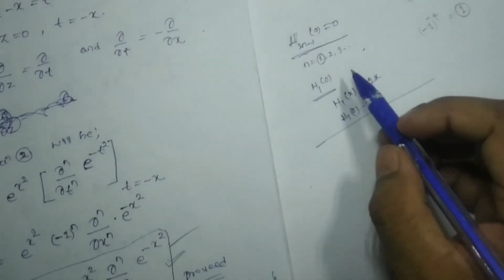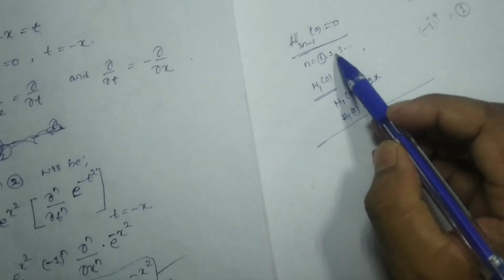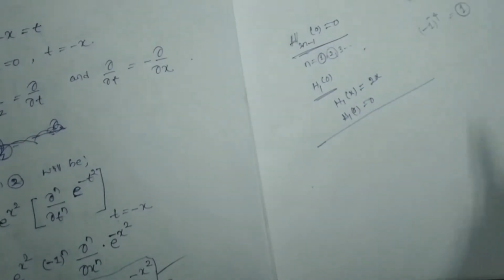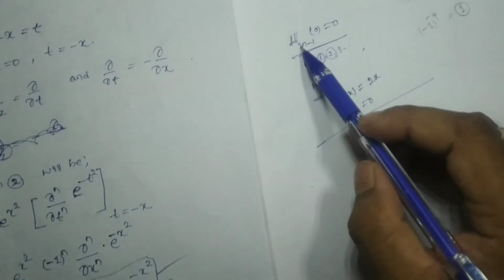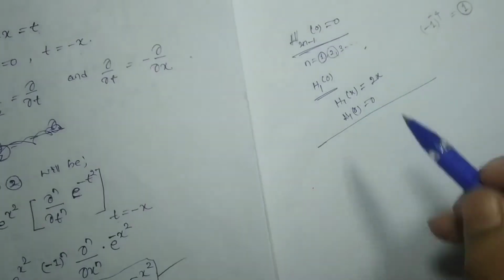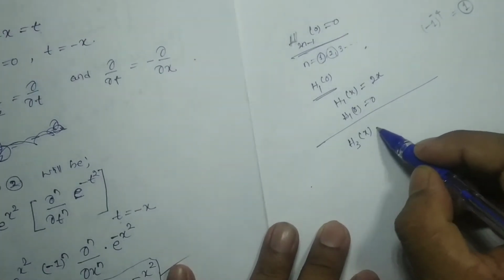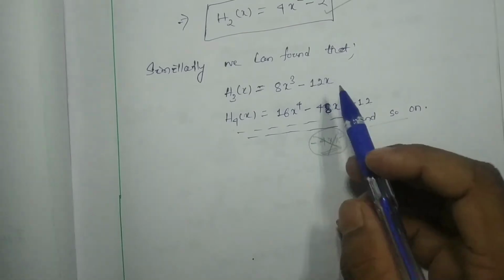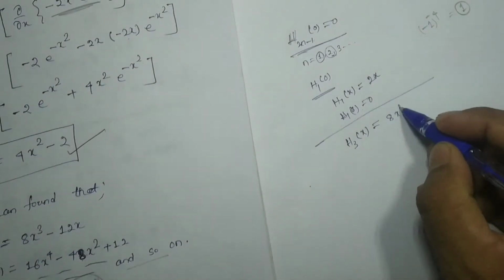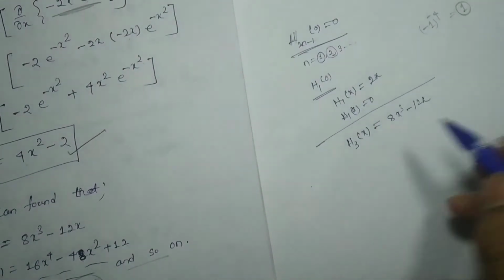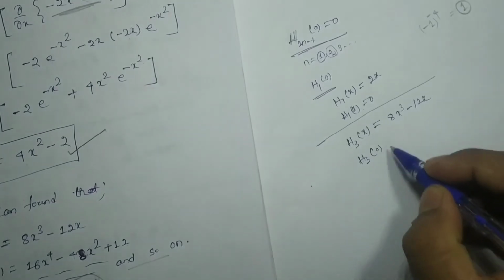Okay, now you consider n equal to 2, then this will be 2 into 2, 4 minus 1, that is H3x. H3x, we know how much, it is 8x cube minus 12x. So for H3, 0 will be equal to 0.